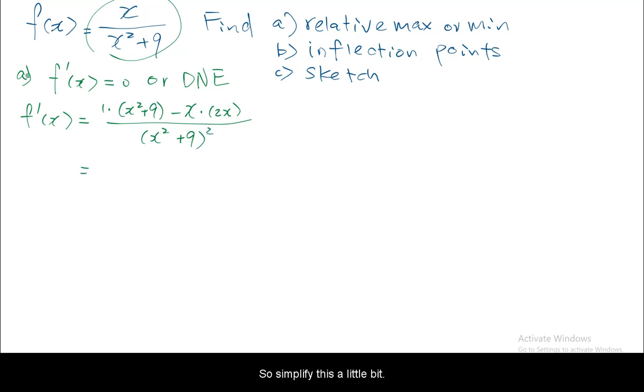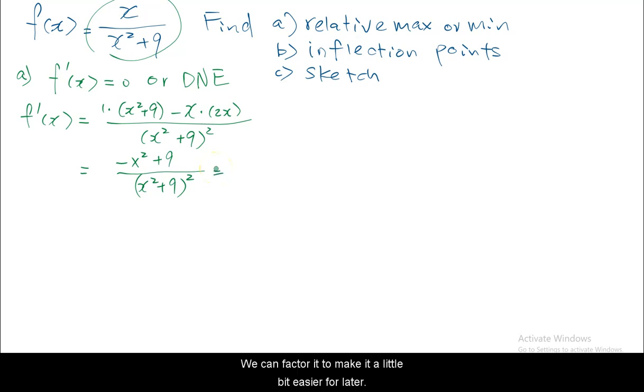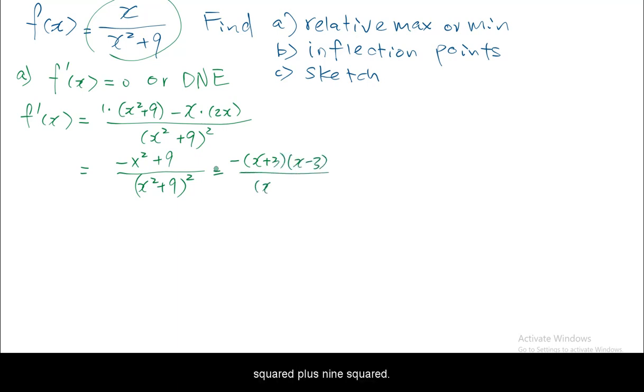Simplify this a little bit. It looks like negative x squared plus 9 over x squared plus 9 squared. We can factor it to make it easier for later. That's negative x plus 3 times x minus 3 over x squared plus 9 squared.